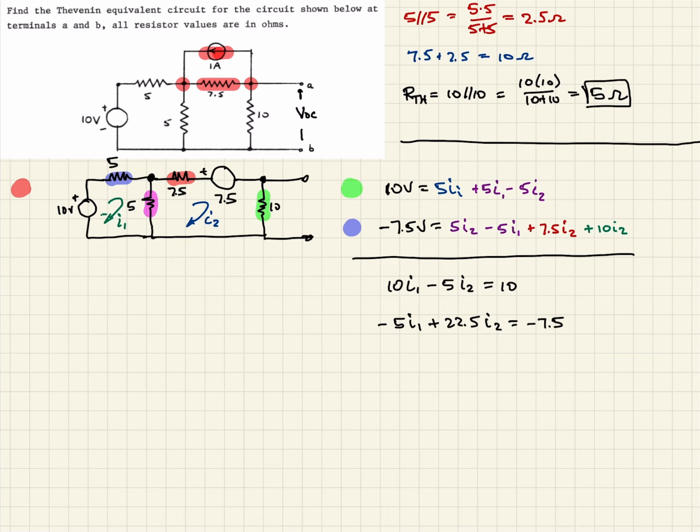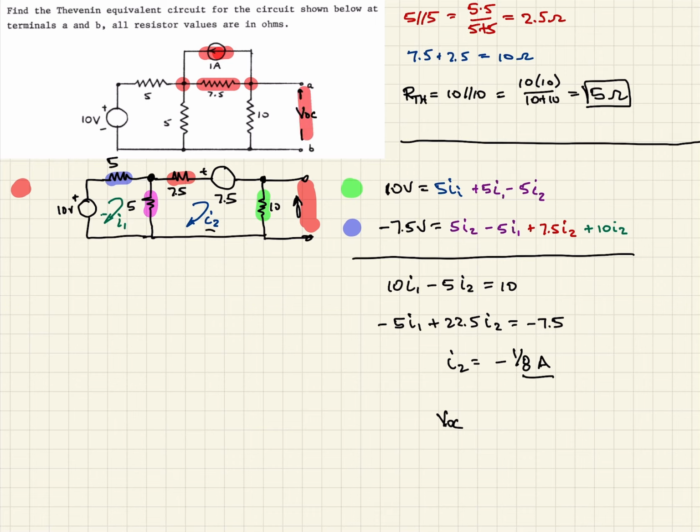But the one we're interested in though is I2, because if we have I2, then we can figure what the voltage is across these terminals. So when we solve this, we come up with I2 equal to negative 1/8 of an amp. So then that means that our open circuit voltage, VOC, which is the voltage across here, it's what we've been looking for.